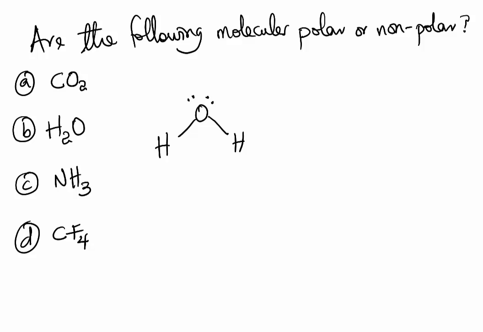So the two electrons being shared between oxygen and hydrogen will be closer to oxygen. And the same thing on the other side. What that means is that oxygen is partially electron rich if we are considering only the shared electrons, and the hydrogen are partially electron poor.